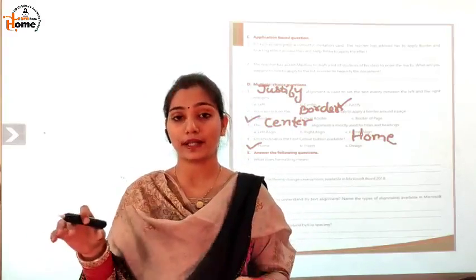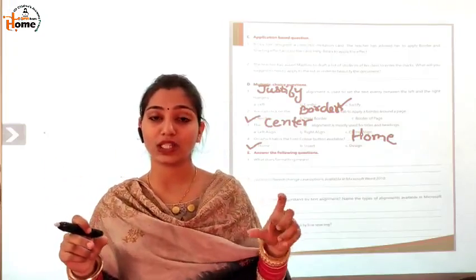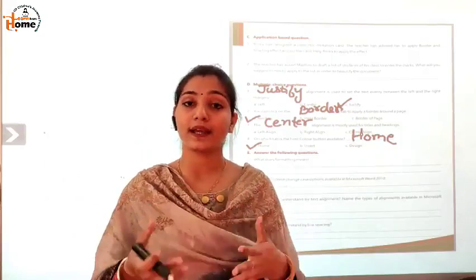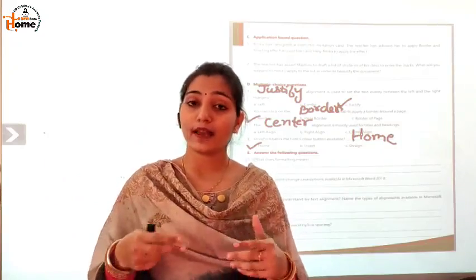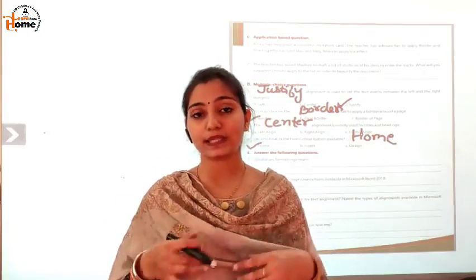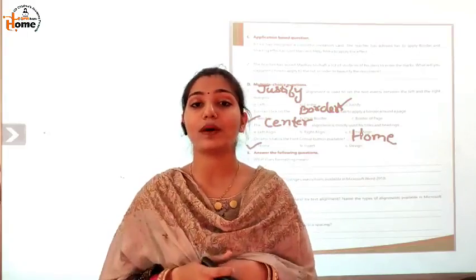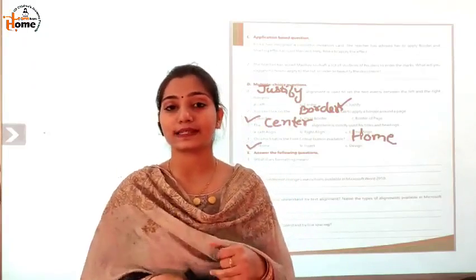Whatever you have written, if it is in lowercase, when you will select and change it to the uppercase, all the letters will appear in the uppercase. And vice versa, if you have written in uppercase, then you will select lowercase, all the letters will appear in the lowercase. What happens to the toggle case?